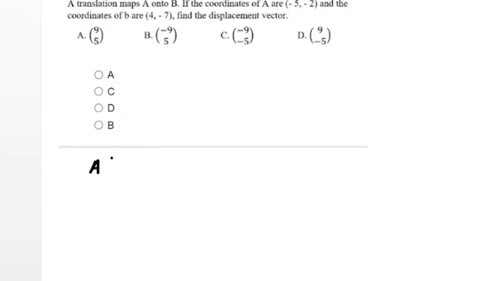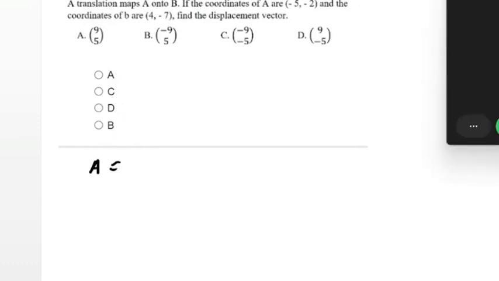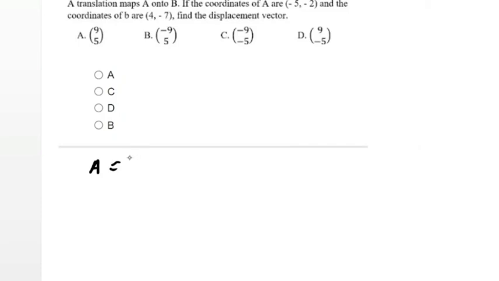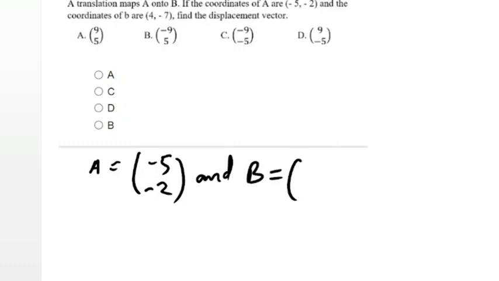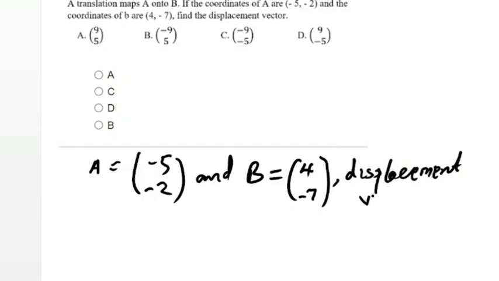Vector A is -5, -2, and vector B is 4, -7. Then the displacement vector is x, y.